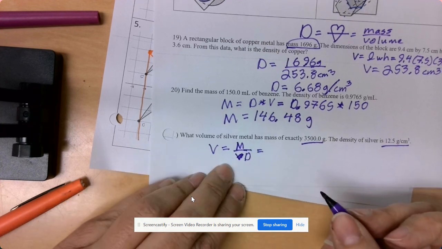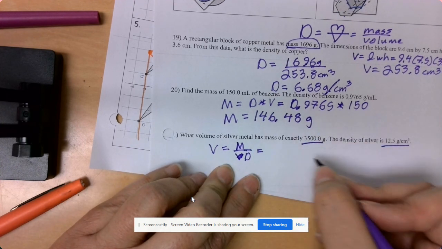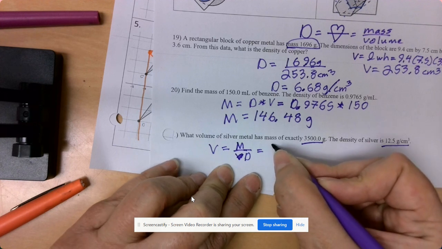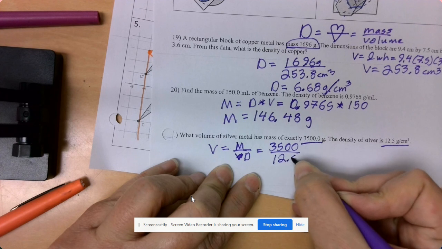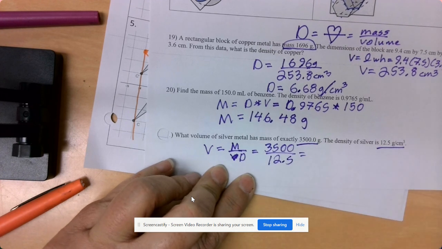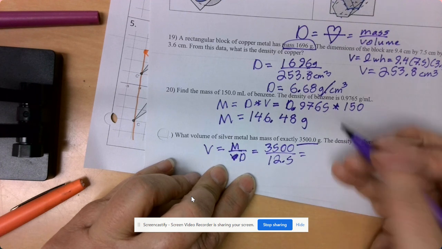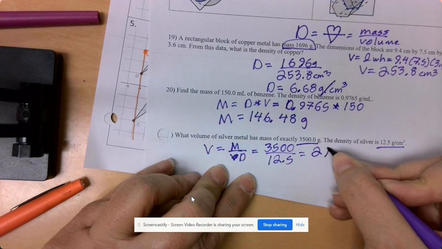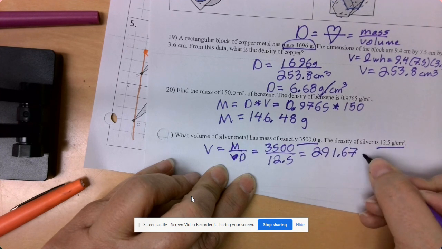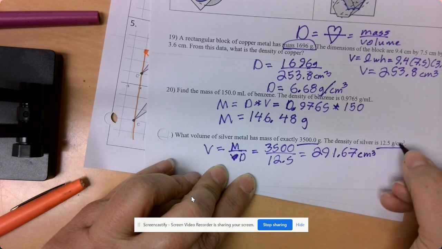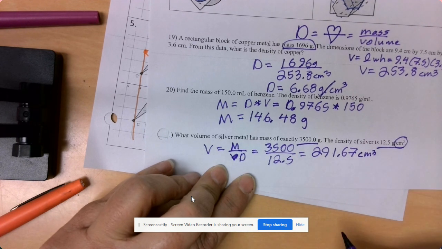Okay, so we put it in, so it's going to be 3,500 divided by 12.5, 195 and up, rounded up, 97 cubic centimeters. So I know it's cubic centimeters because the unit's there for density.